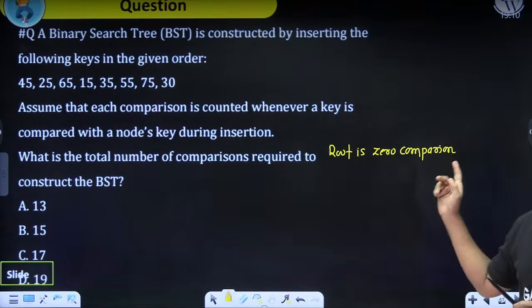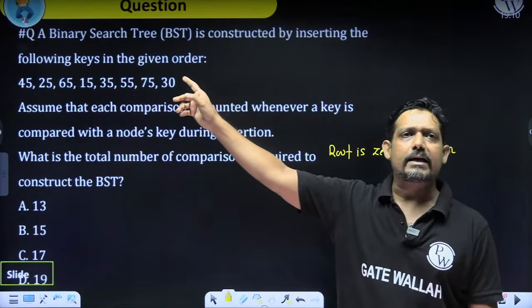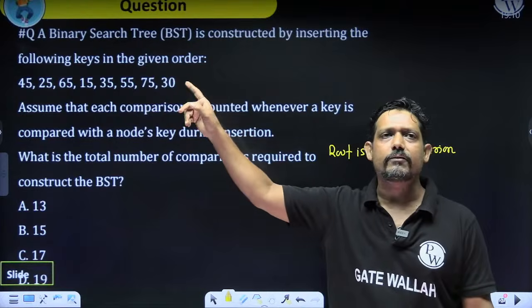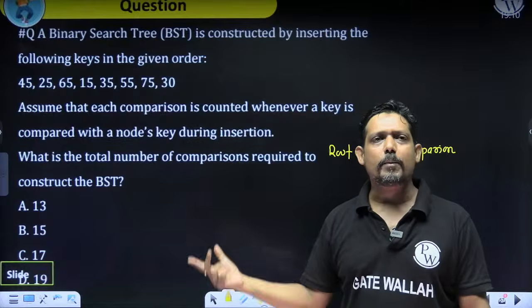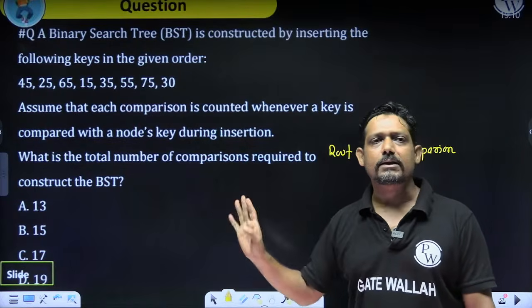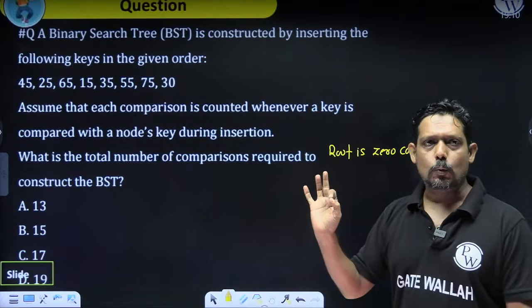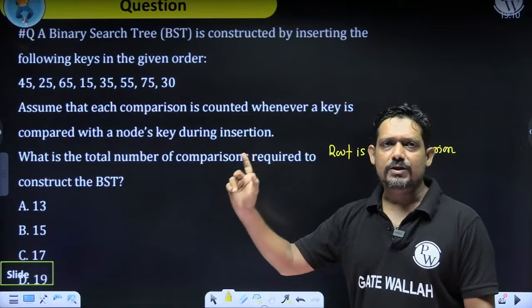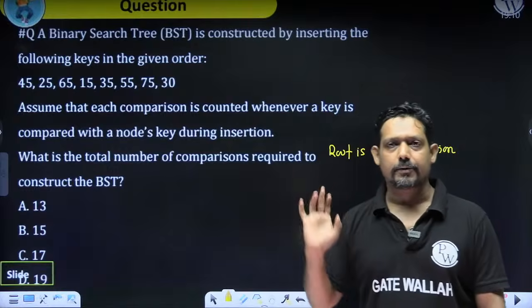Now, root is no comparison. Can you tell me how many comparisons are required if I insert the following keys in the given order? Is it A, B, C, D? 13, 15, 17 and 19. Can you answer this question, which is about how many comparisons are required?